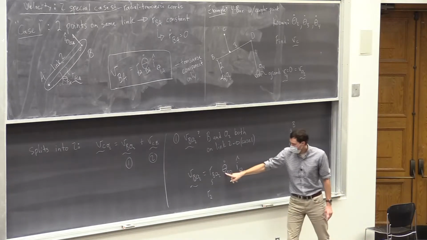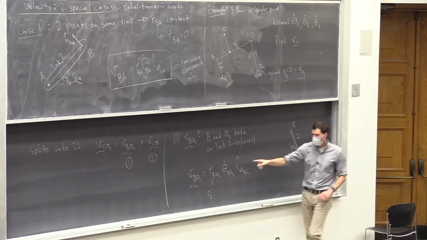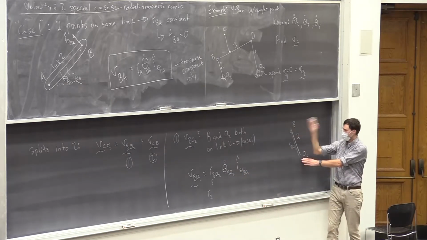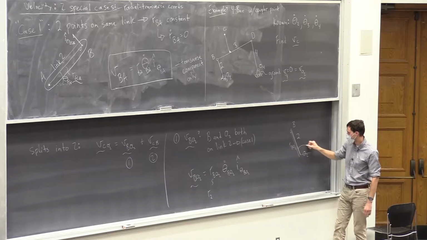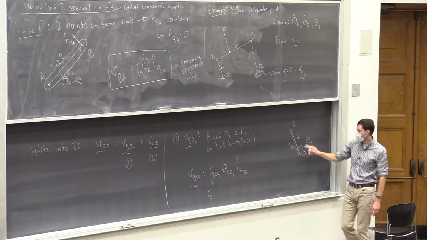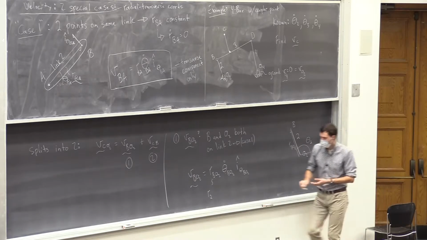So we could say this theta dot, that's the rotation of the whole link. Okay, any theta dot that has to do with 2 points on the same link is going to be just the rotation of this entire length 2. We would call it theta 2, maybe the angle of that link.